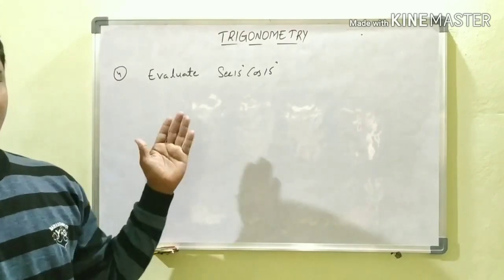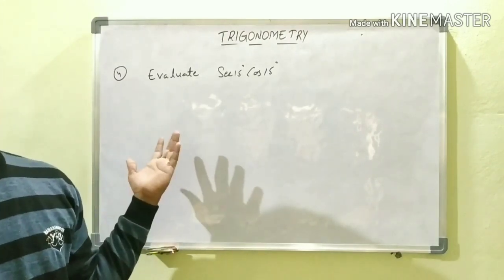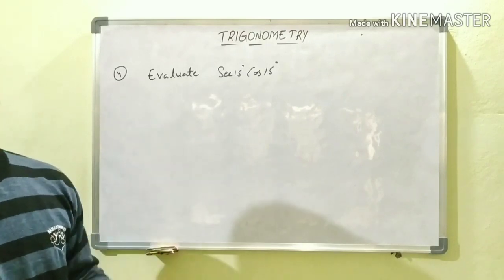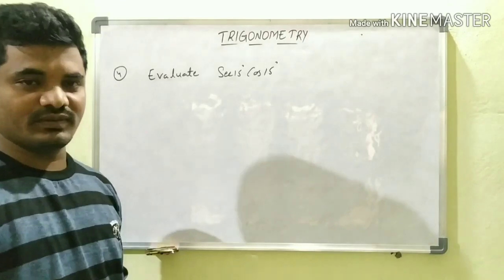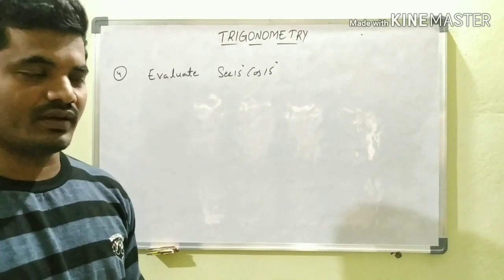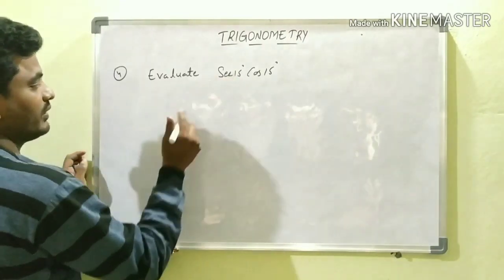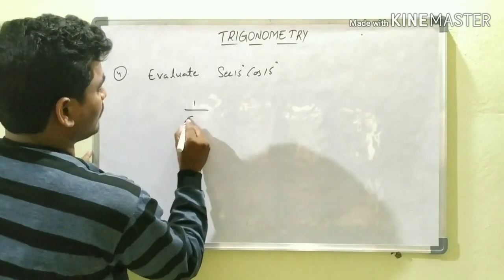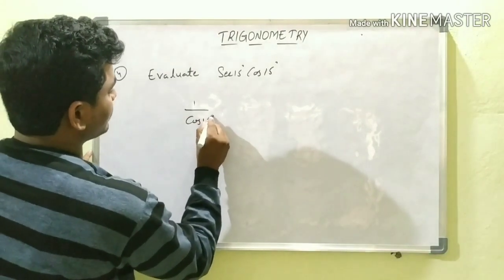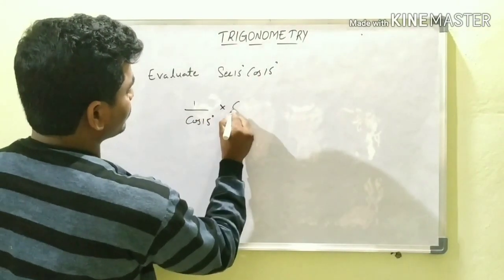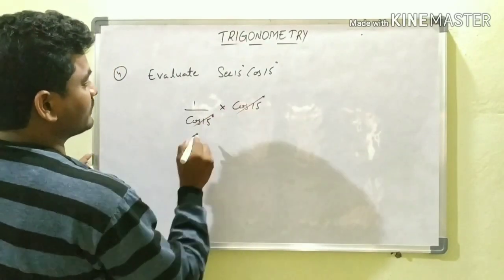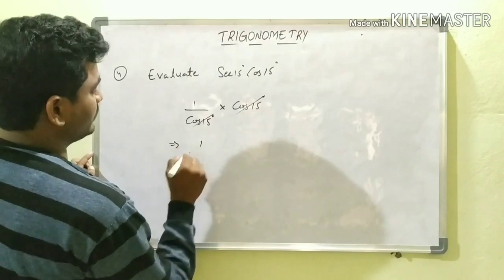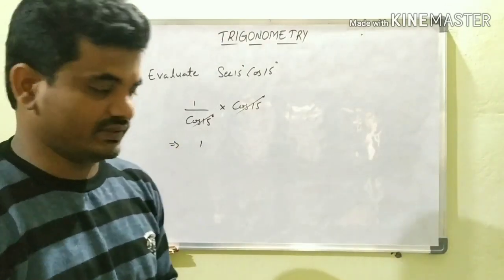Sec is the reciprocal of cos and cos is the reciprocal of sec. If you multiply them, you get 1. A number and its reciprocal, if you multiply them, you get the answer 1. It can be written as 1 by cos 15 into cos 15. Cos 15 gets cancelled, that equals 1. Very simple answer.